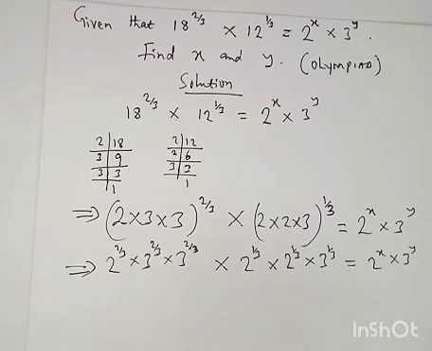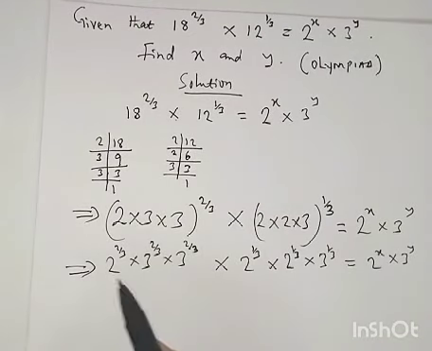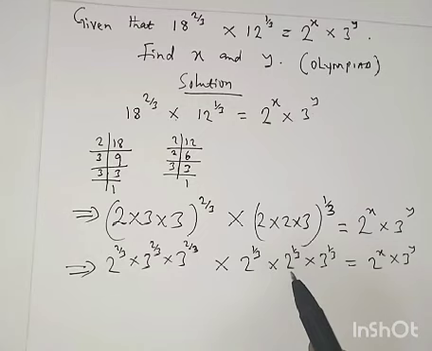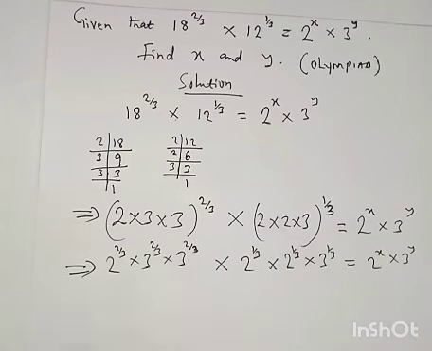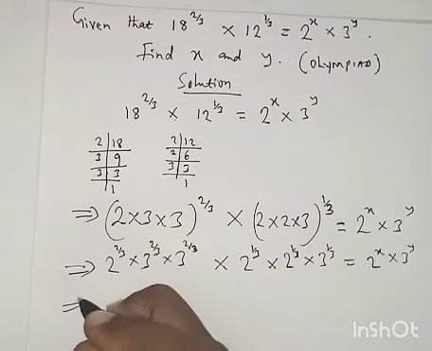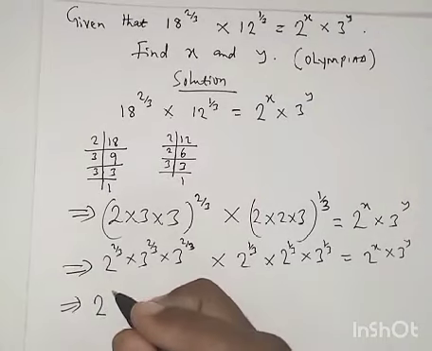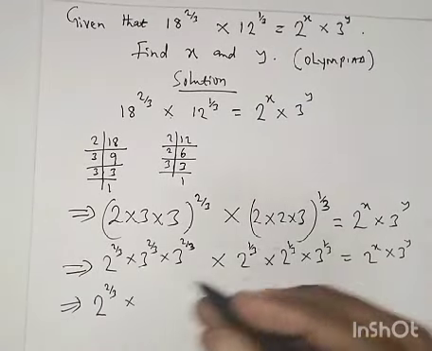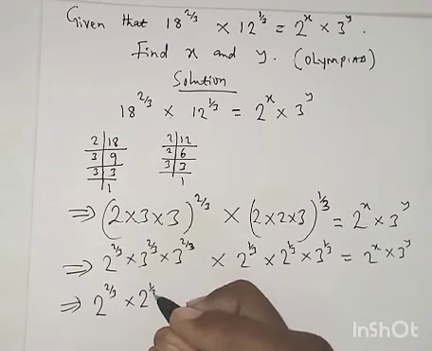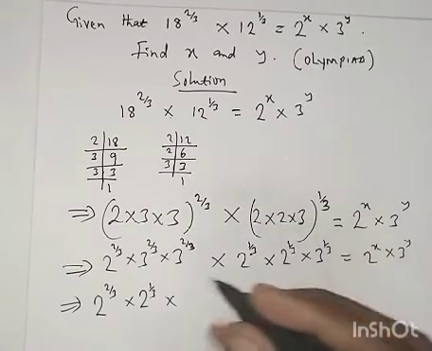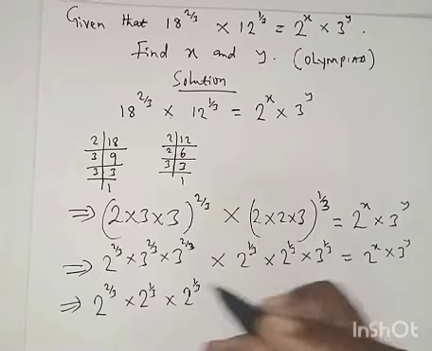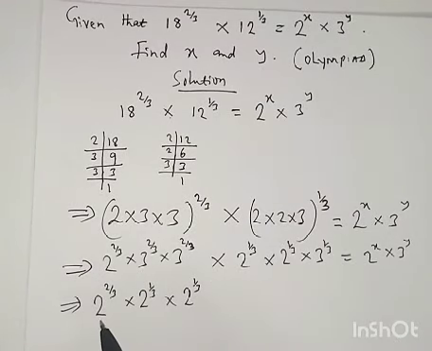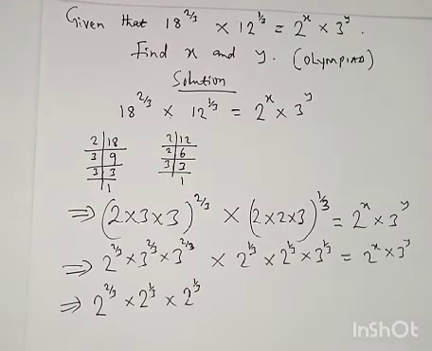Now from there, we have every right to rearrange, because we have 2 power something here, 2 power something here, and 2 power something here. So let us rearrange. We have 2 power 2 over 3 times another 2 power 1 over 3, then times again 2 power 1 over 3. So those that are having 2 are merged together.